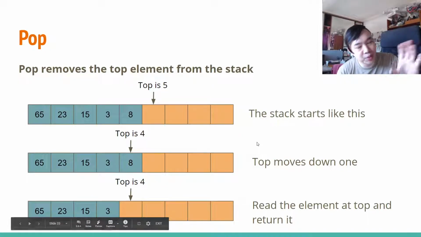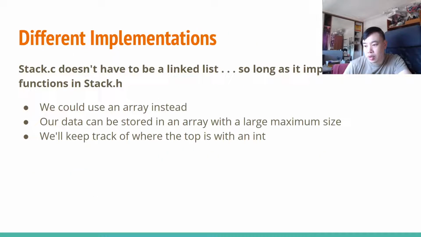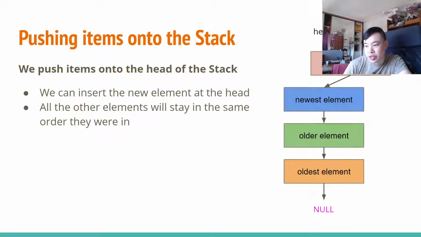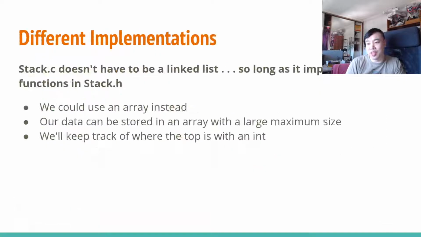So I'm not going to implement it because we don't have time, but I wanted to show you that the stack can be done the way we did it using a linked list where we push and pop from the head of the linked list. And it kind of makes sense, right? Because a stack is only ever looking at one end of its list, and so having the pointer to the head of the list makes it really easy.